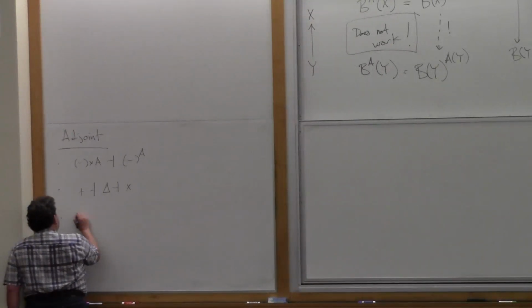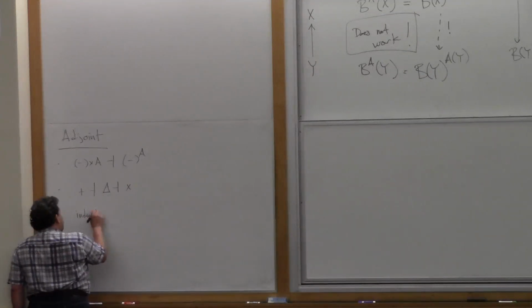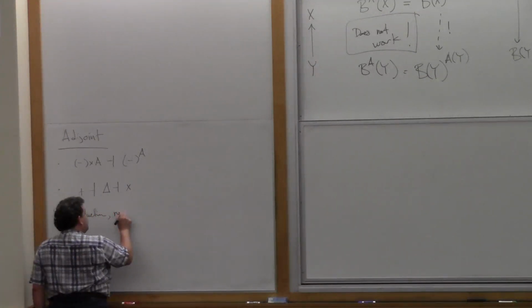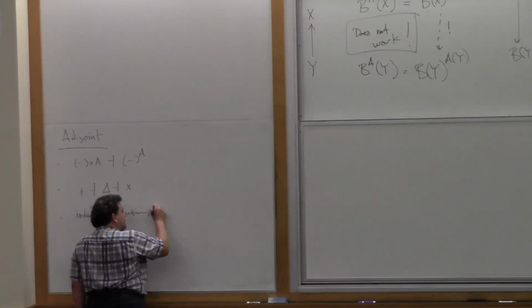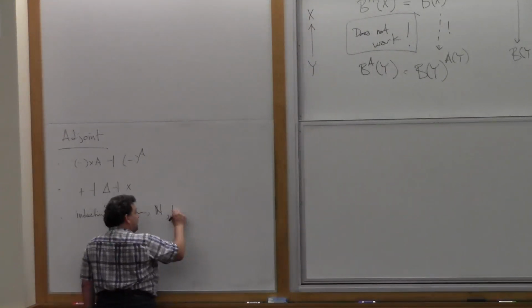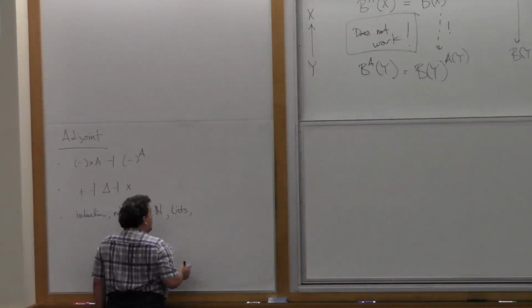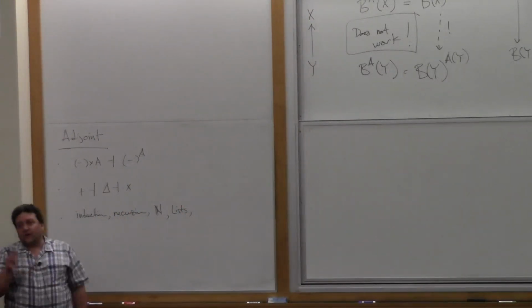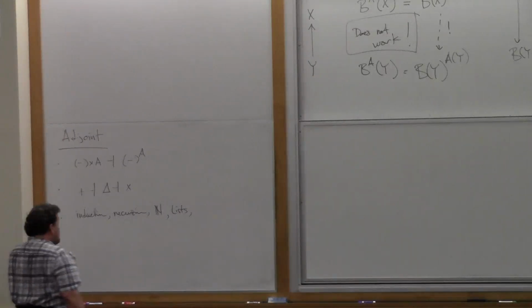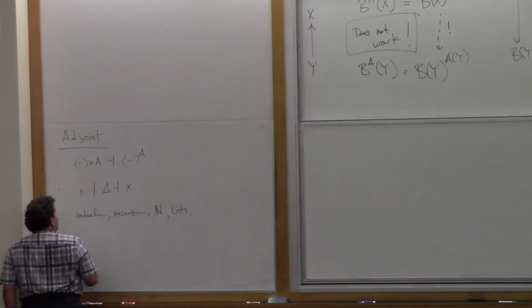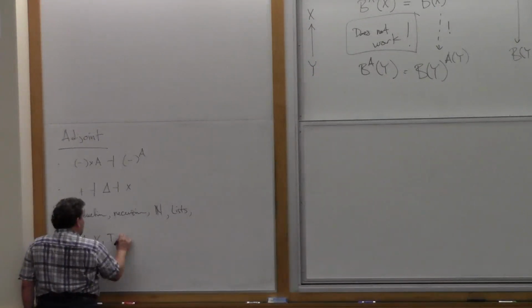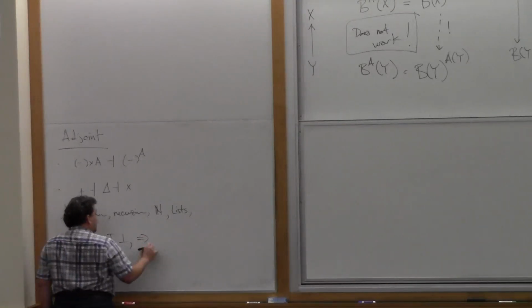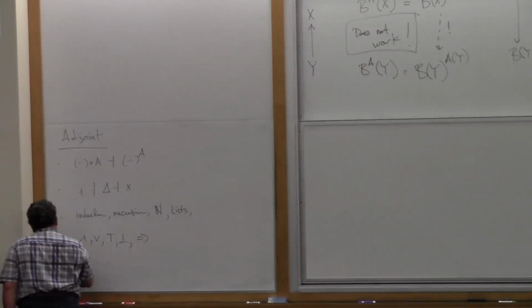Also, the notions of induction, recursion, and then things defined in terms of them, like the natural numbers and types of lists, all kinds of inductively defined types. These are all examples of adjoints. And similarly in logic, of course, things related to this, like conjunction, disjunction, true and false, exponentiation, these are adjoints.